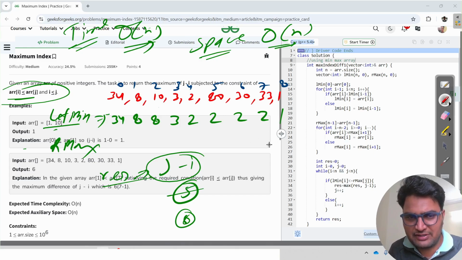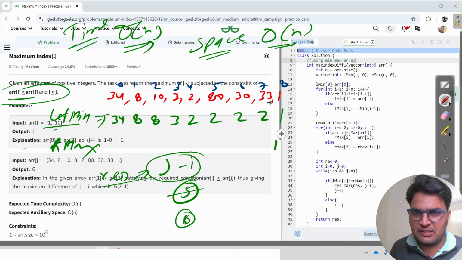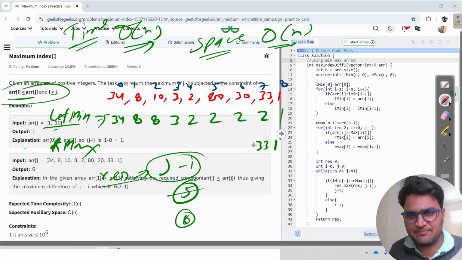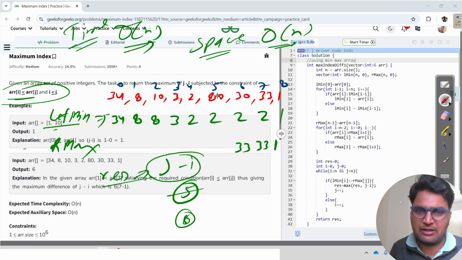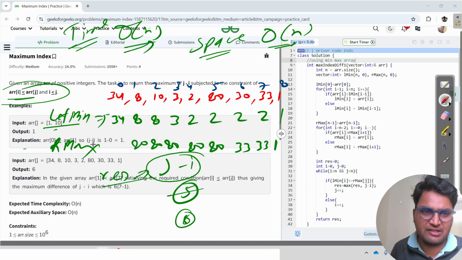Here the maximum is 1, and then after that we get 33, which is greater than 1, so we will store 33 here, correct? Then 30 is less than 33, so we maintain 33. Then we got 80. 80 is greater than 33, so let's store 80. Then 2 is less than 80, so we maintain 80 here, all 80, correct? And 34 is also less, so we will say 80 only.